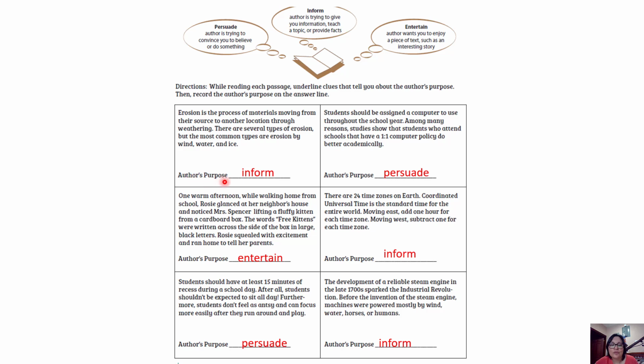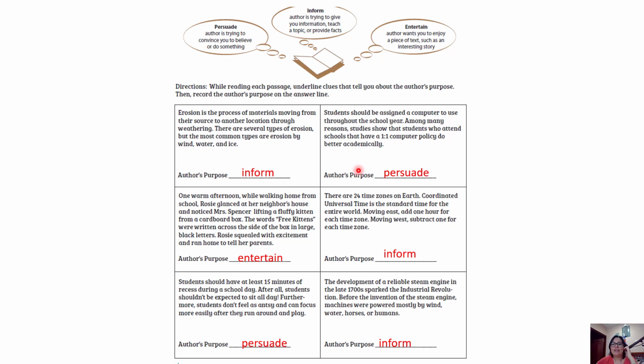The author's purpose was to inform you about what erosion is. It was not trying to entertain you. Are you going to have fun reading about erosion? Or was he trying to convince you about something? To persuade you? No, right? So it was to inform. He was giving you information about erosion.